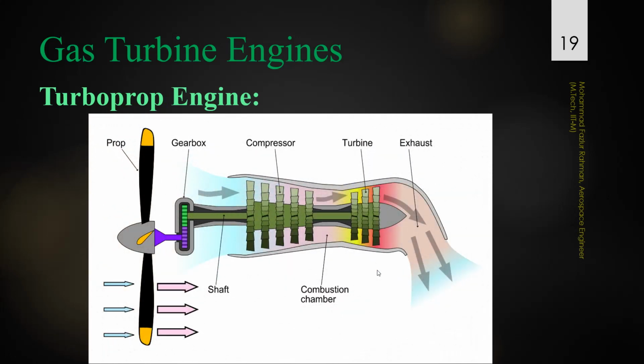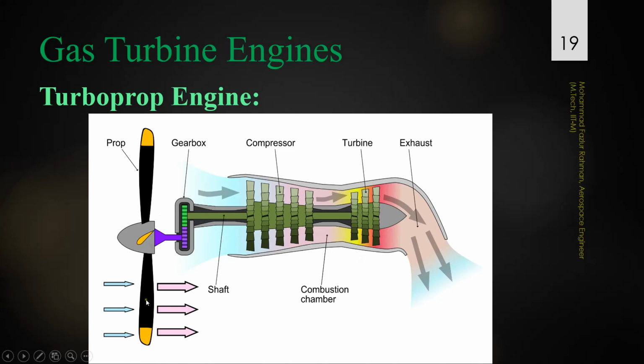Turboprop engine. The turboprop engine is a simple gas turbine engine where we have more stages in the turbine, and at least one stage of the turbine is used for shaft power, so that it rotates the shaft, and that shaft power is fed to the propeller.